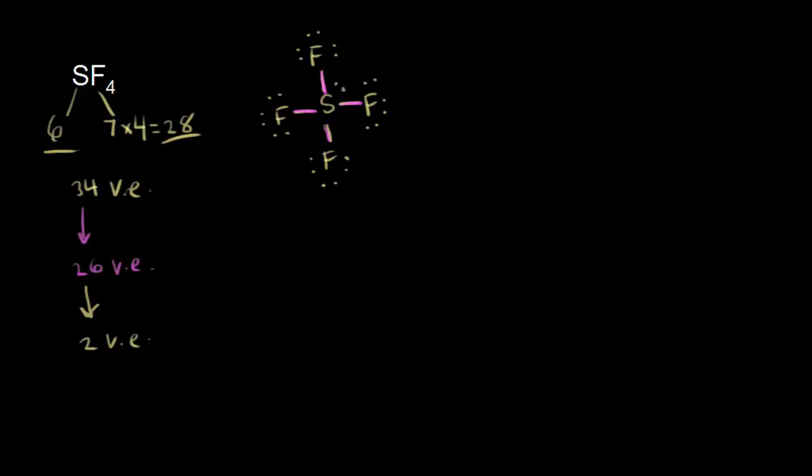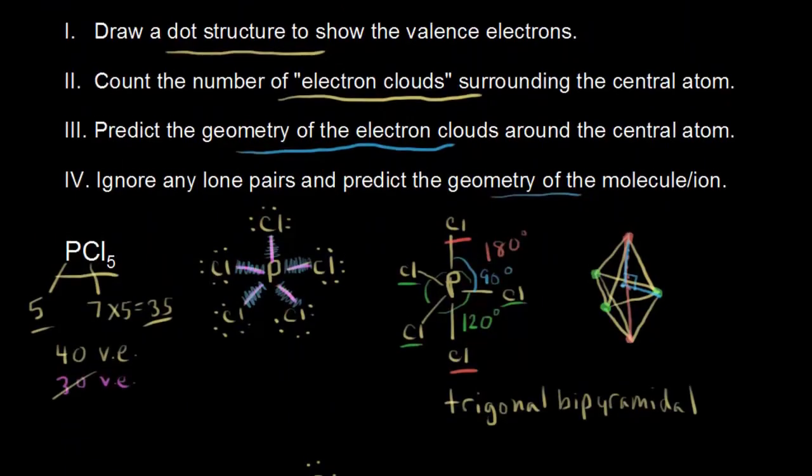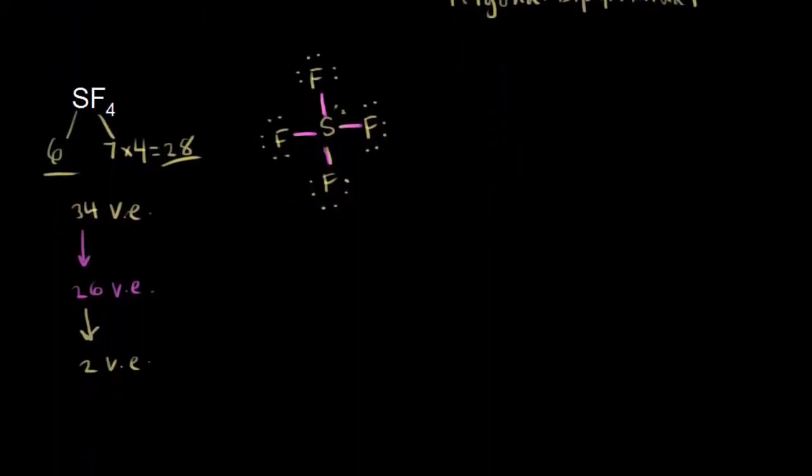Let's go back up and remind ourselves of the next step here. So once you complete step 1, next is the electron cloud step, right? So how many electron clouds do you have surrounding your central atom? So we go back down, and we look at our electron clouds that surround our central atom here, so regions of electron density.